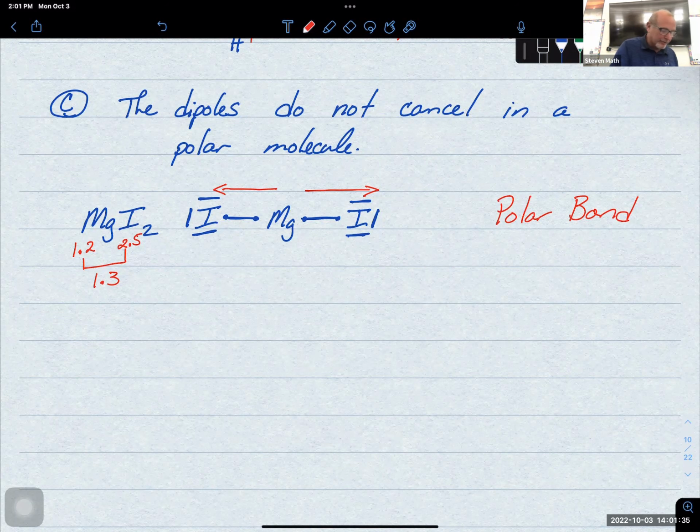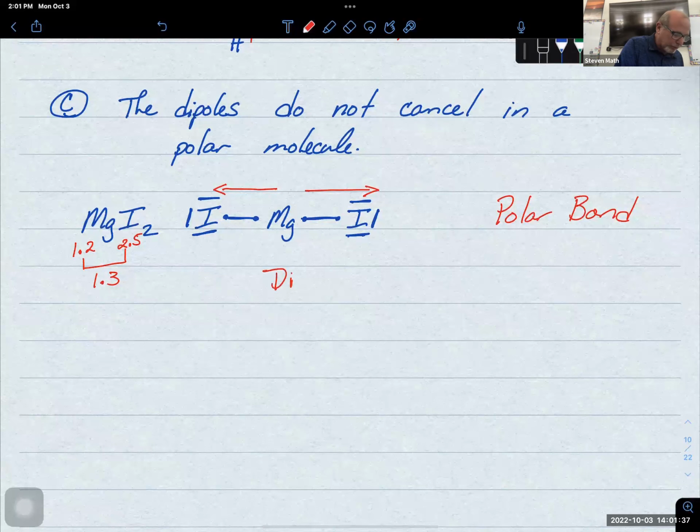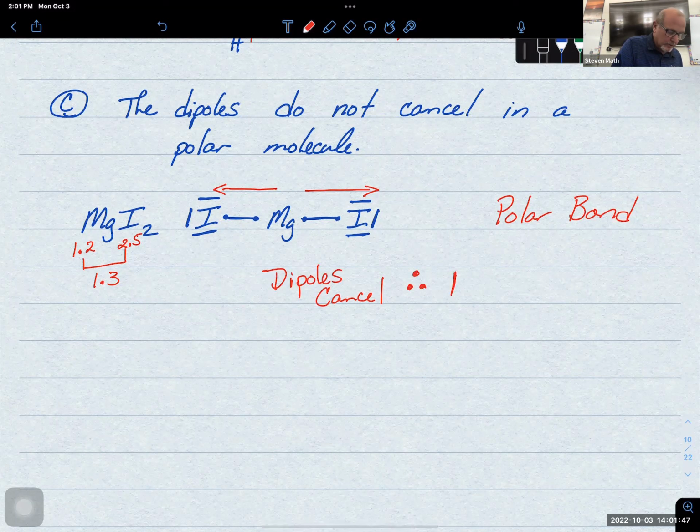In this case, my dipoles cancel. Therefore, we have a non-polar molecule. That's what's going on when the dipoles cancel.